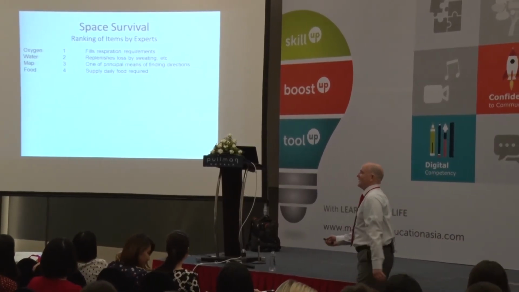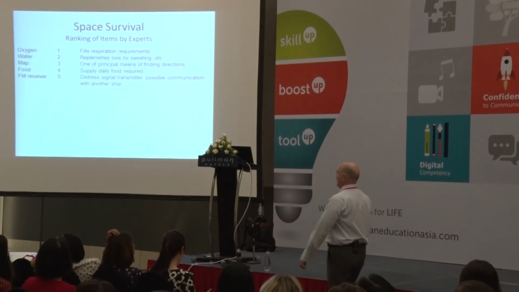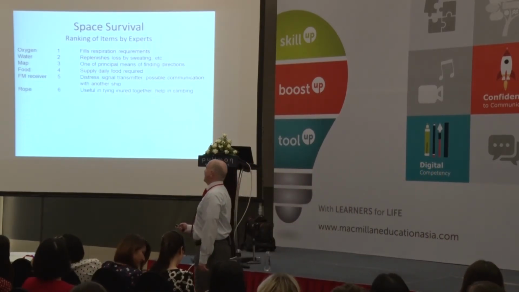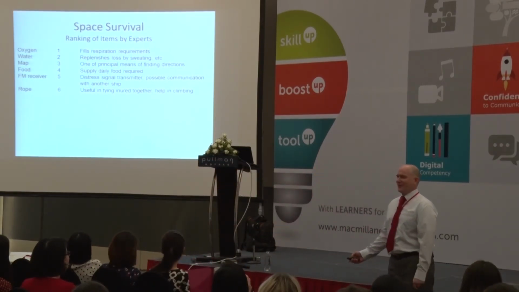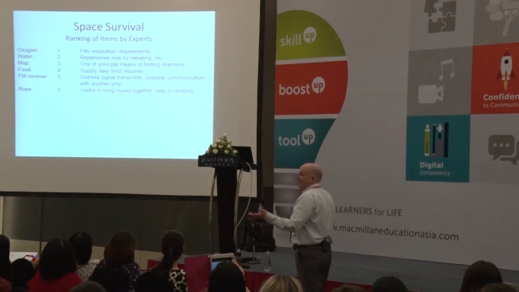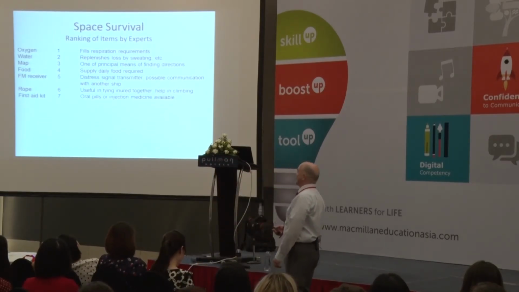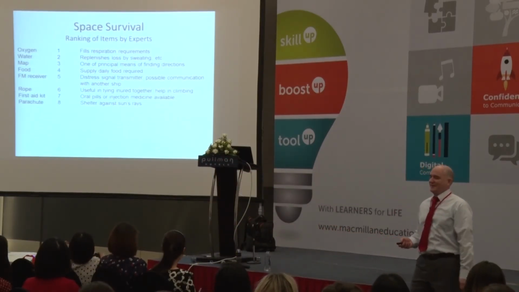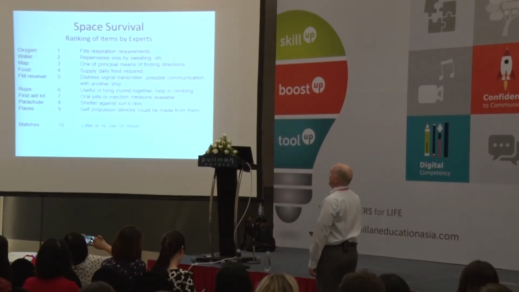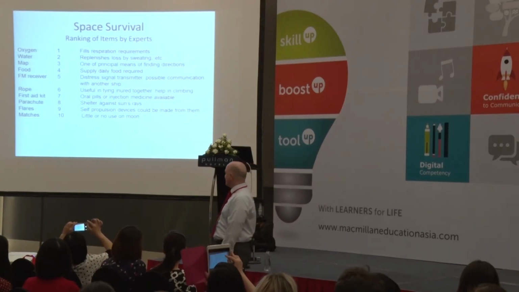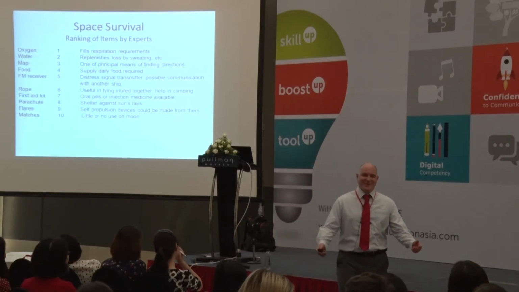What's number 5? Radio, receiver. And then rope. Useful for tying injured people together. It's NASA, I don't know. First aid kit, parachute, in case you want to jump off. Flares, and matches are no good, they don't work on the moon. Yeah. No oxygen.